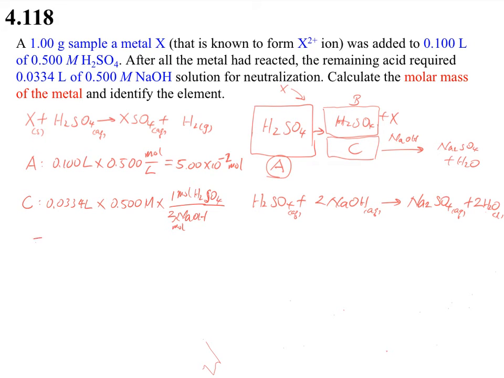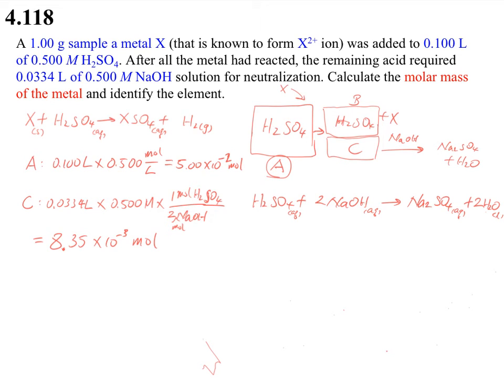This gives us 8.35 times 10 to the negative 3 mole. This mole number is the amount of sulfuric acid titrated by the sodium hydroxide in part C.